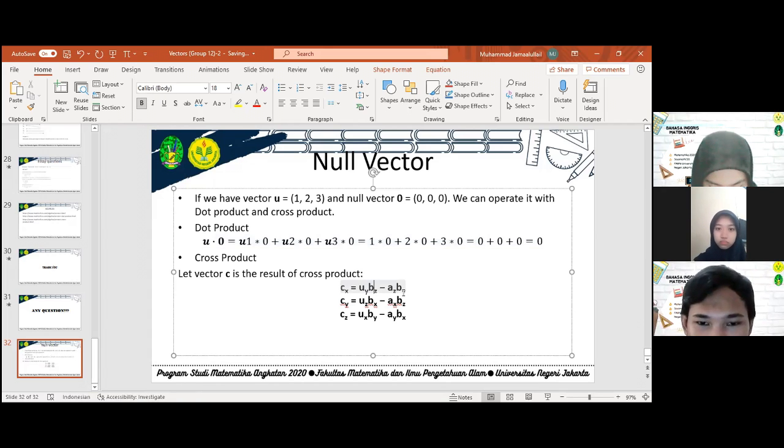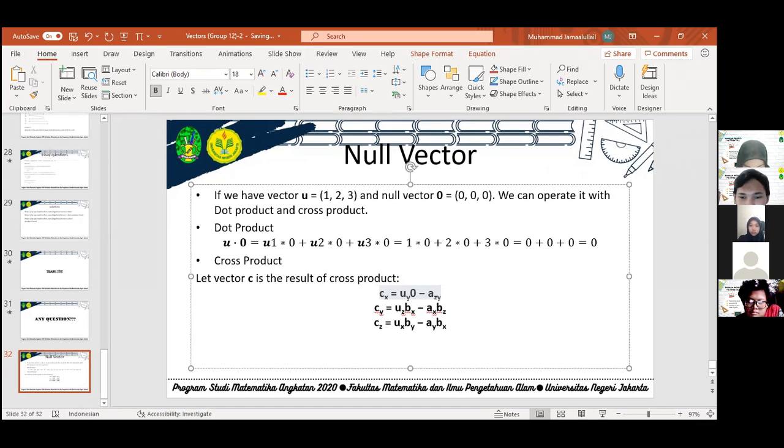We can find Cx, Cy, and Cz. Cx is Uy times 0, just times 0, because it has the same element, all of them 0.